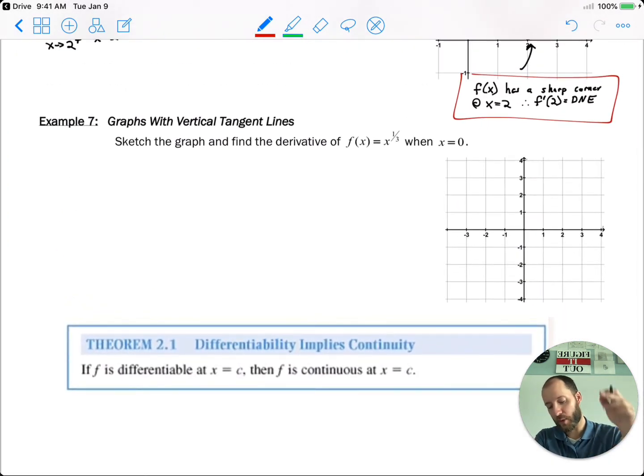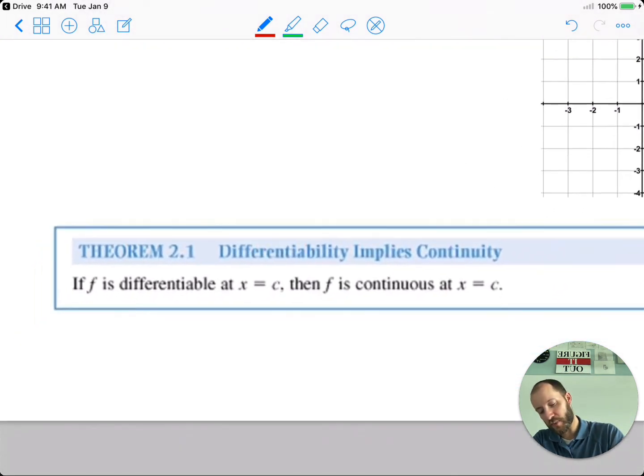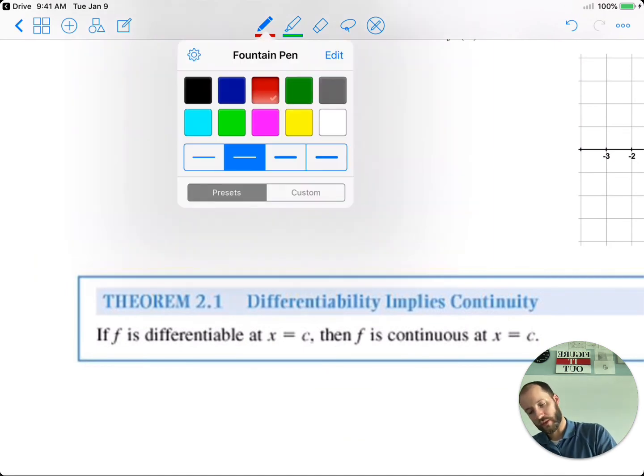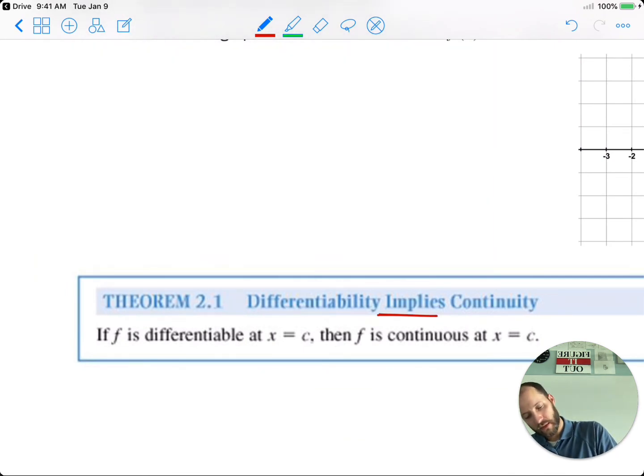The last thing I want to talk about is this last term. Differentiability implies continuity. Now this is big. Implies. So in order to be differentiable, you have to be continuous first. If you know you're already differentiable, that implies you're already continuous.